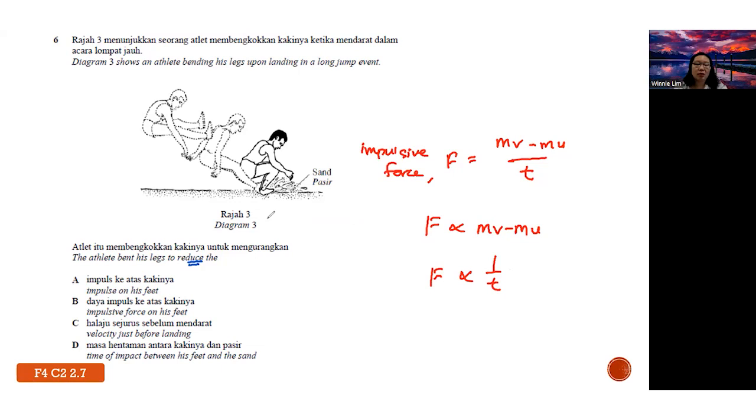Based on this context, you bend the leg because you actually want to lengthen the time. What is the purpose of lengthening the time? Because you want to reduce the effect of the impulsive force acting. So in this case, they want you to give the idea to reduce what? Like I mentioned just now, the answer will be impulsive force on his feet. So your answer will be B.